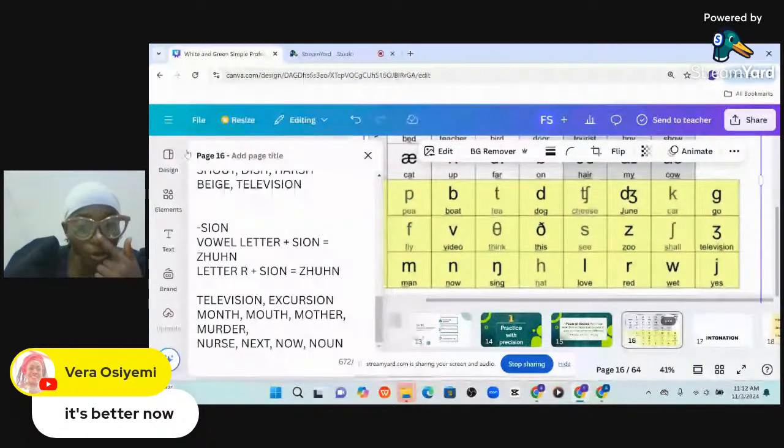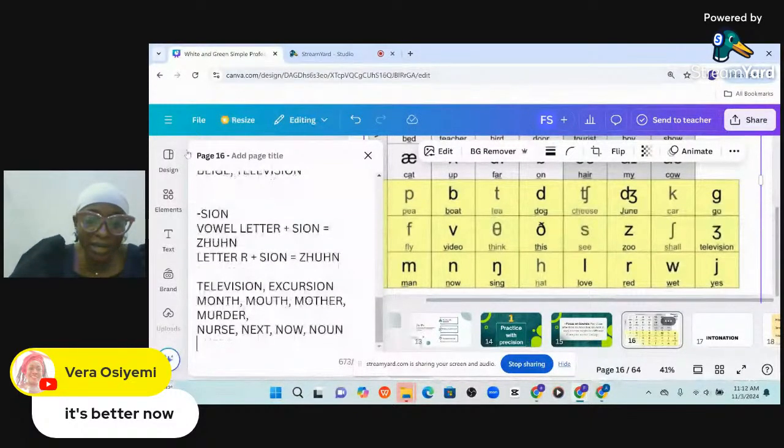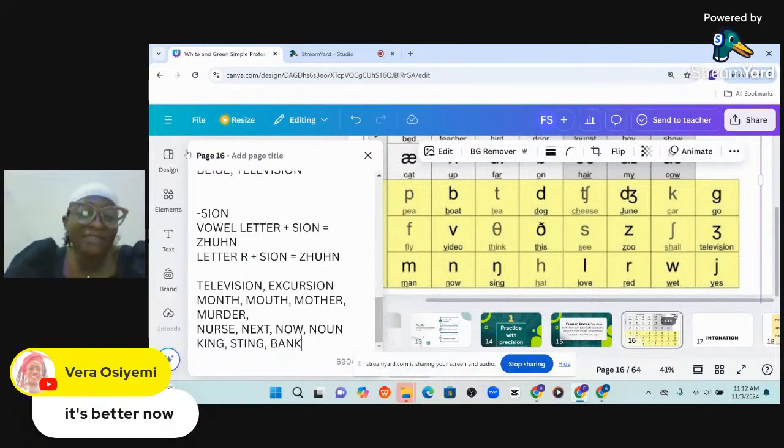Now the next consonant sound we have is ng. You need your nose to articulate that sound correctly. You can have it in words like king, sting. You can have it in bank. When you have letter N alone in a word, it makes the n sound. But when you have letter G after letter N, they will start to sound like ng.